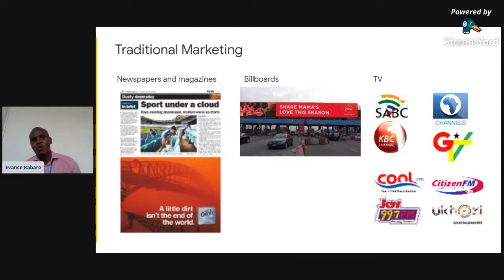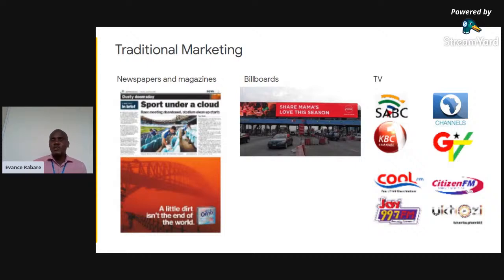When we're talking about traditional marketing, we're talking about marketing which involves advertising and reaching the target audience through newspaper, magazine, radio, TV, and outdoor marketing. These are ads which are placed for a fee, and this fee corresponds to the size of the ad as well as the way it is published.